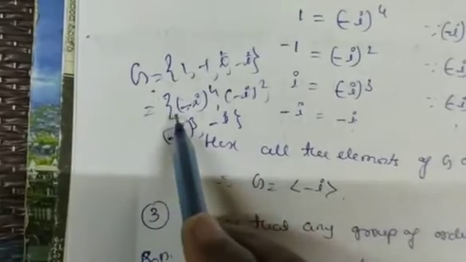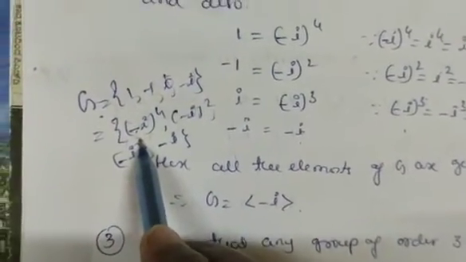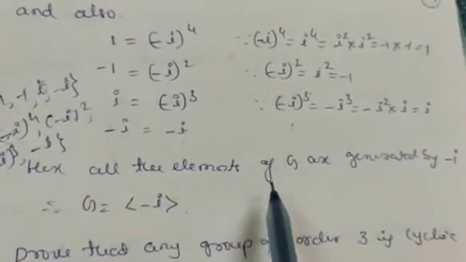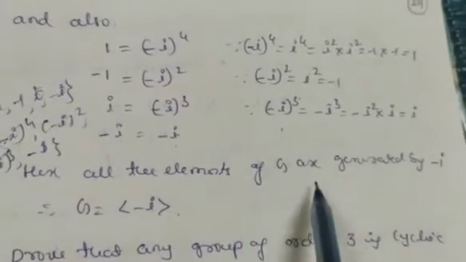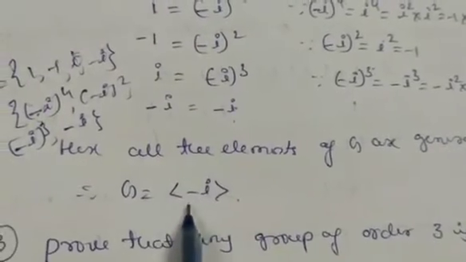So now all the elements of G are in terms of powers of what here? Powers of minus i. Hence we can say that G is a cyclic group generated by minus i, and it is denoted by G is equal to <minus i>, like this.